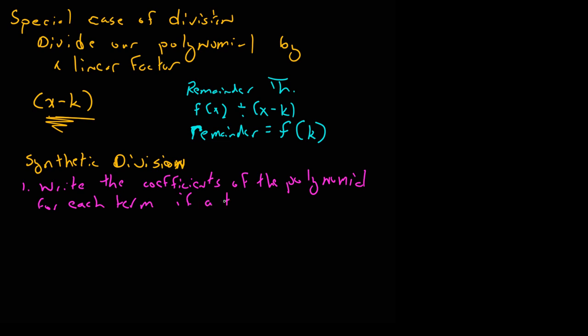If a term has a sub n equals 0, we write 0. Just like in the long division of polynomials, if we were missing a particular power of x, we would write 0 of x to that power.